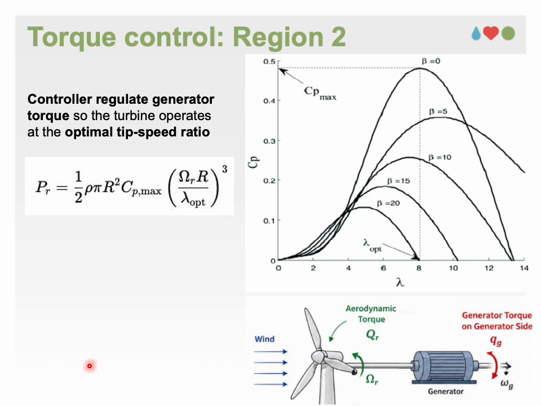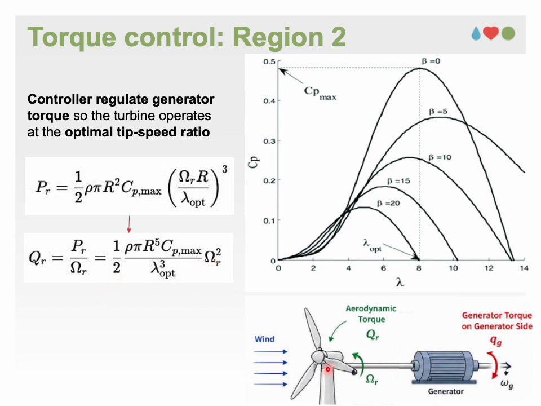In the power formula, using the definition of lambda, we replace the wind speed, resulting in this formula as shown here. Since power is defined by torque multiplied by rotational speed, we have the torque formula as shown here. We see here that instead of wind speed, we have the rotational speed of the rotor.